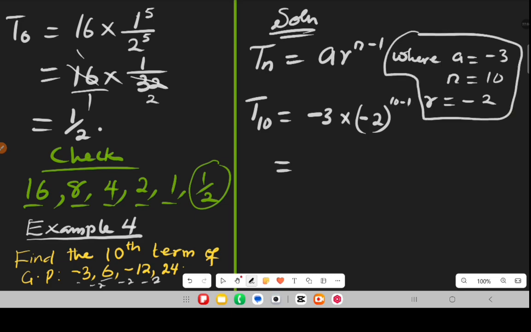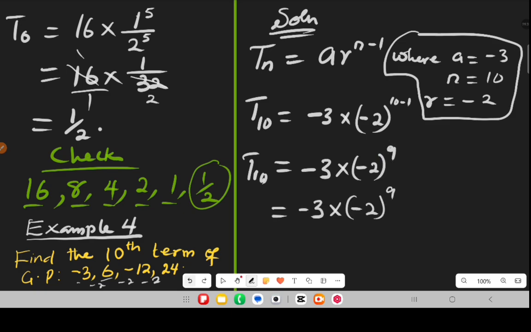If we continue, we have T10 equal to minus 3 times minus 2 raised to the power of 9. Now at this point, minus 2 raised to the power of 9 is having an odd power. Odd power will give us a negative value.